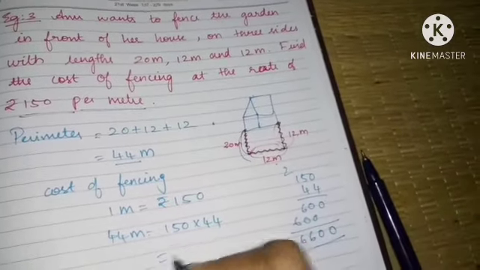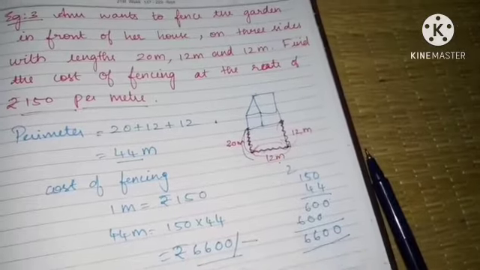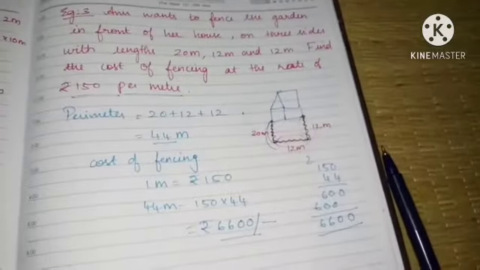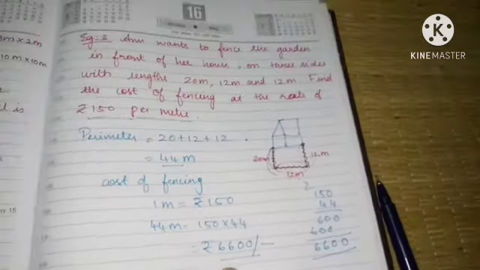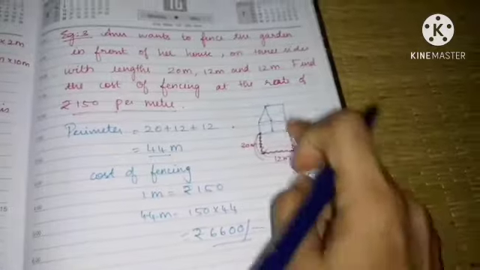So 6,600 rupees is the amount which he wants to spend for the cost of fencing. Understood? 6,600 is the amount required to fence these 3 sides alone.